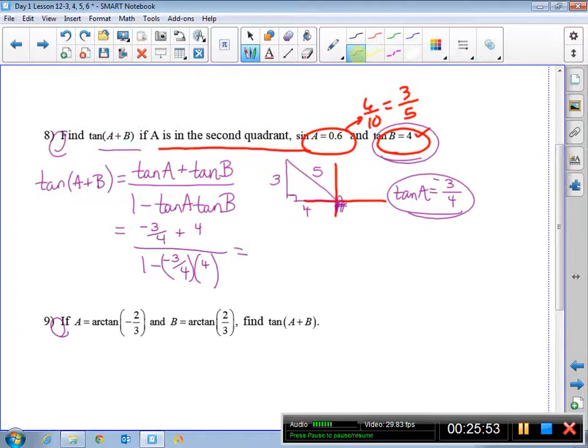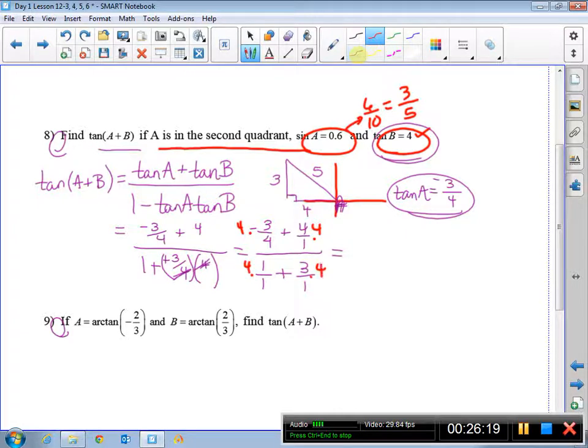Negative 3/4 plus 4. I'm going to make it into a complex fraction, so we can do another one of those. And this will become addition, and actually 4 and 4 will reduce, so I'm just going to have 3 down there. All right, so I see a 4 in the bottom, so if I multiply every term by 4, it will simplify this.